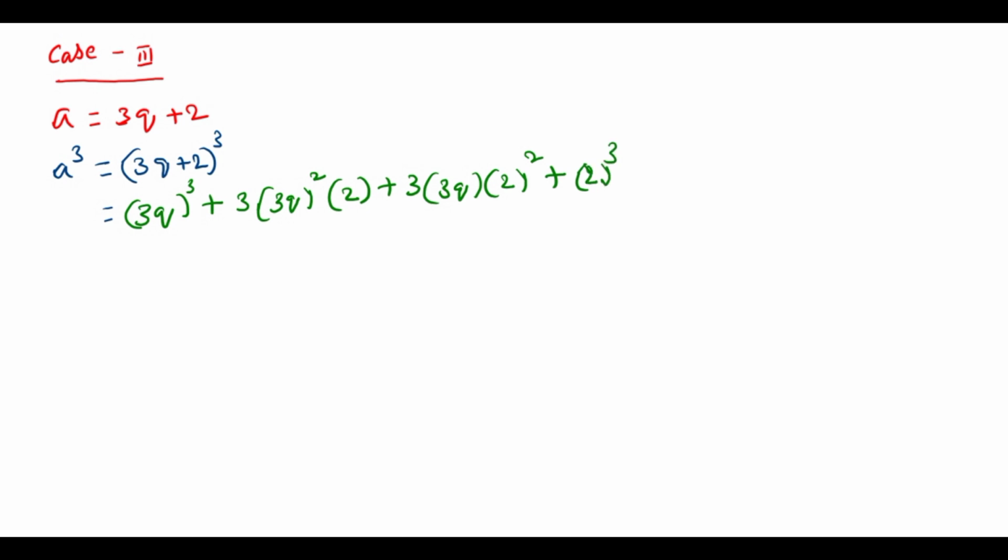So this 3 cube is 27 q cube, 3 into this 3 square, so 3 2s are 6, okay, 3 2s are 6.